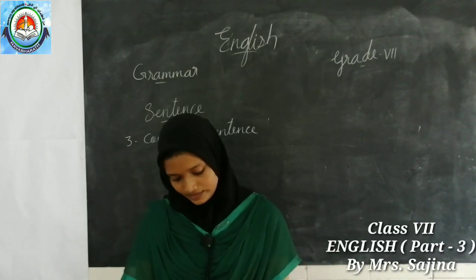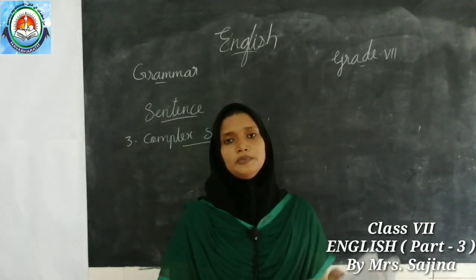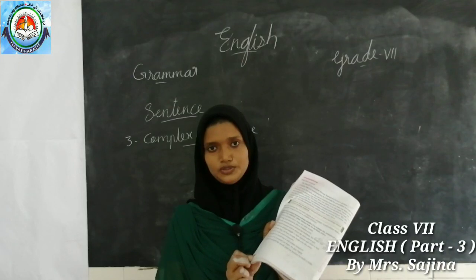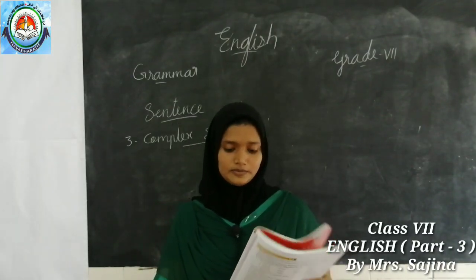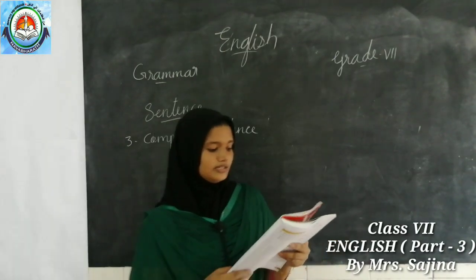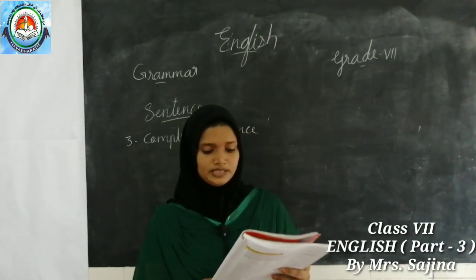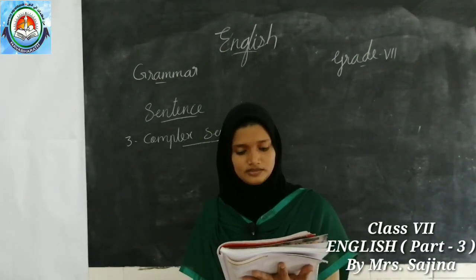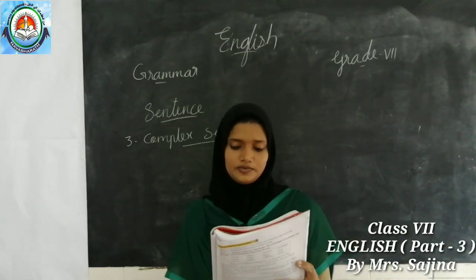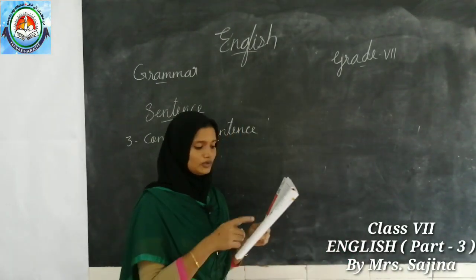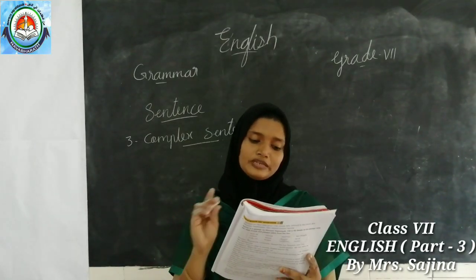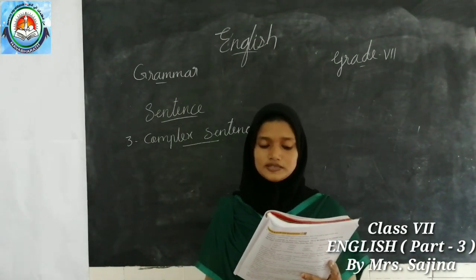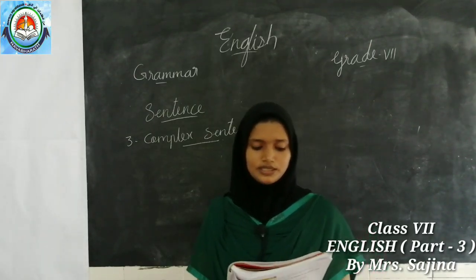Okay. Then on page number 22, you can see some examples, and boxes are there to write the compound sentence, simple sentence, complex sentence. You have to write S for simple sentence, CD for compound sentence, and CX for complex sentences. Okay, let us read it.